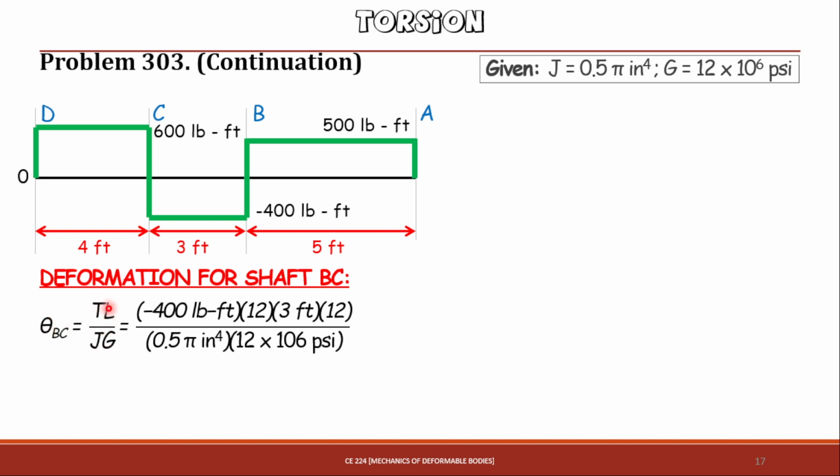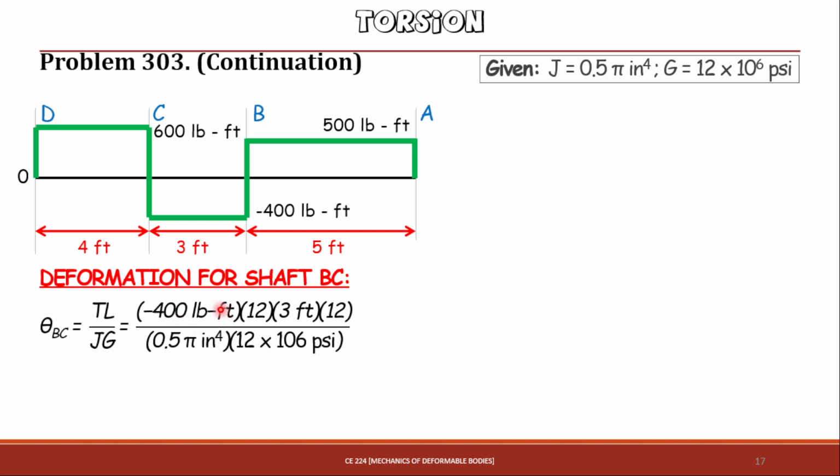All the variables we use here are those for BC. Okay? The torque in BC is negative 400 pound-foot. Please take into account the signs. They signify whether our rotations are counterclockwise or clockwise. So, our torque is negative 400 pound-foot.